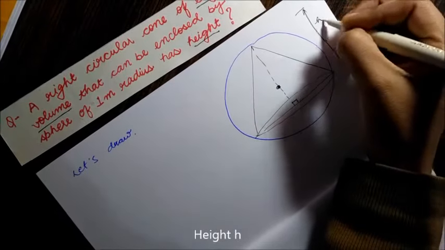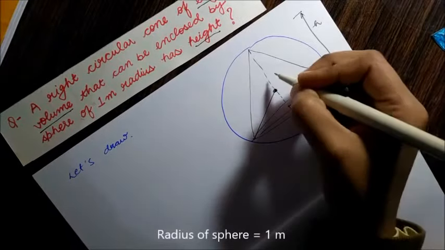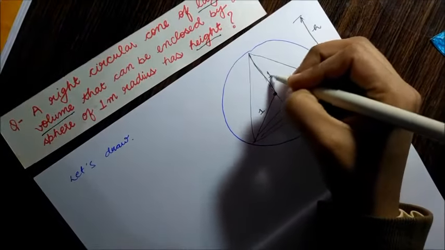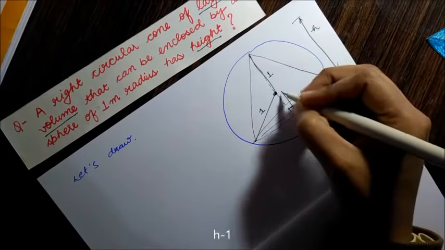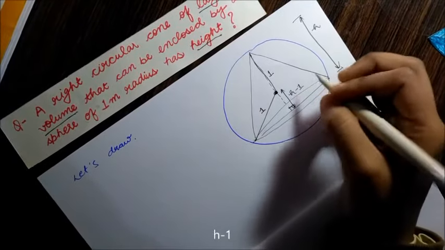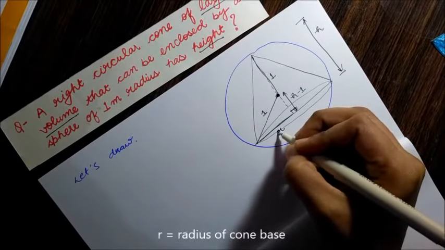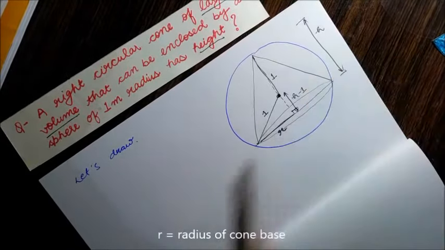This is height h of the cone. The radius of the sphere is 1 meter. So this will become h minus 1, and r is the radius of the base of the cone.